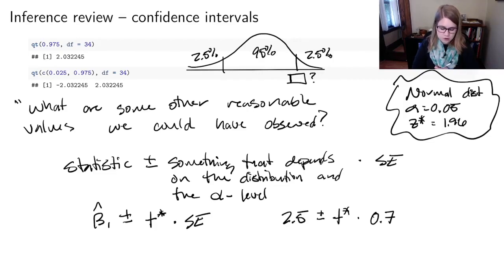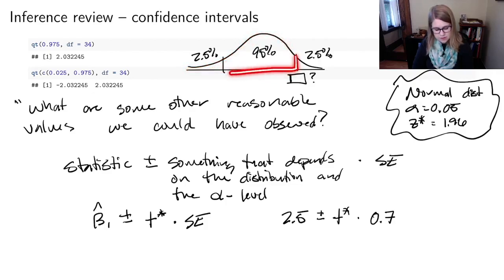And so then I'm going to use the qt function. And then I need to tell R what kind of confidence level I want here. And what I'm putting into R is 0.975. That's because R is going to tell us the critical t value such that this whole area is to the left of it.